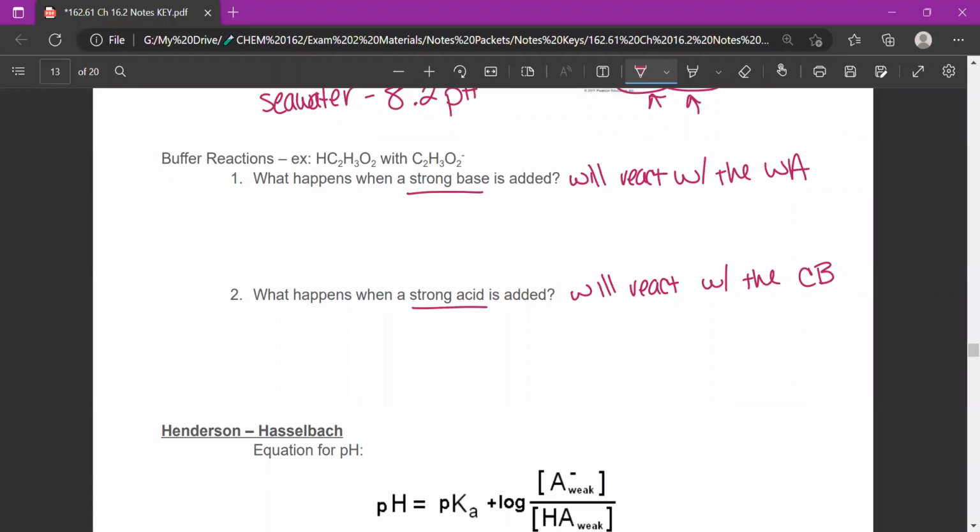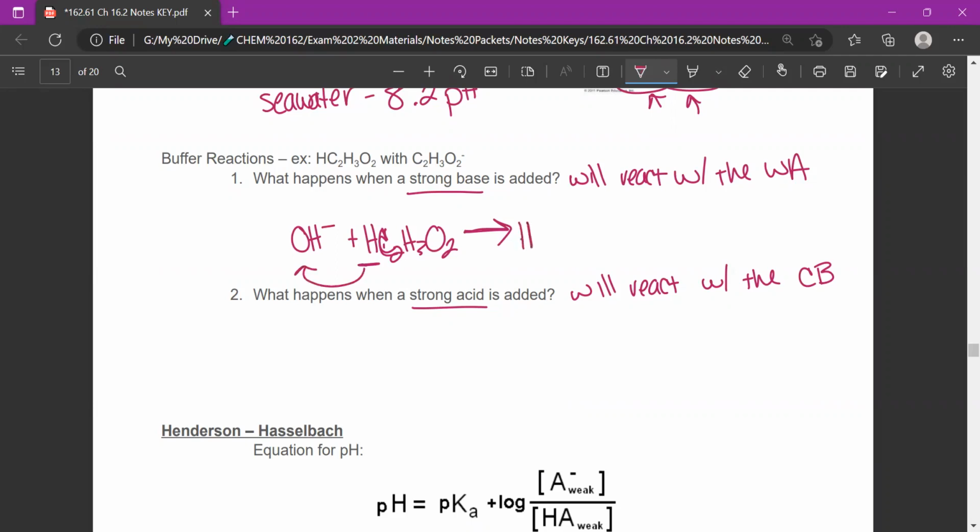So the reaction that happens if I add a strong base, which is really just OH minus. If I add OH minus to HC2H3O2, what is going to occur? If you look at this, it's acid-base. The hydrogen gets transferred, right? So the hydrogen is going to go from here to here.